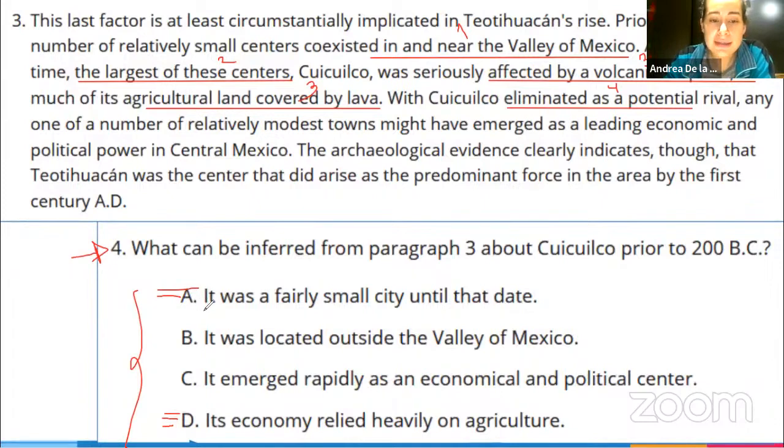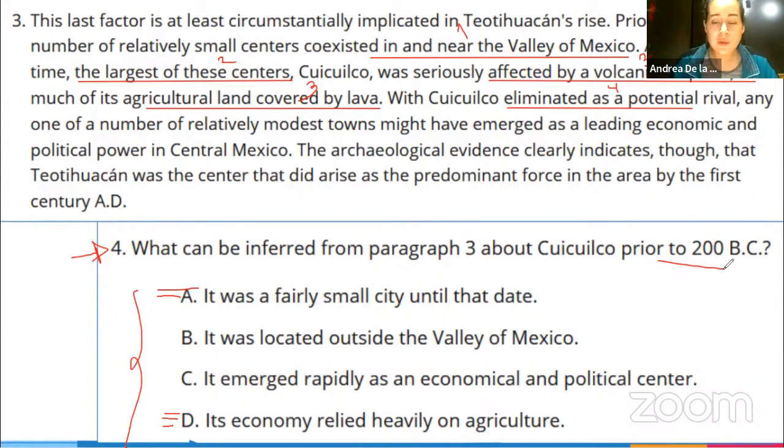So option A says it was a fairly small city until that date. Let's analyze that. That says that prior to 200 before Christ, it was a fairly small city. And then when they say until that date, that means that when it gets to 200 BC, then the opposite has to happen.